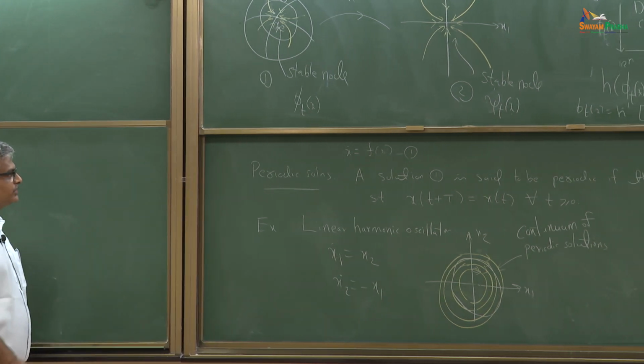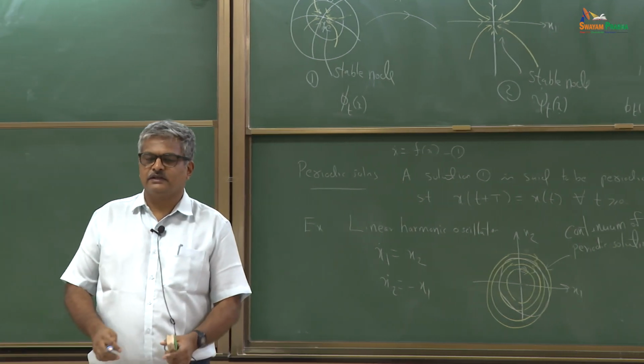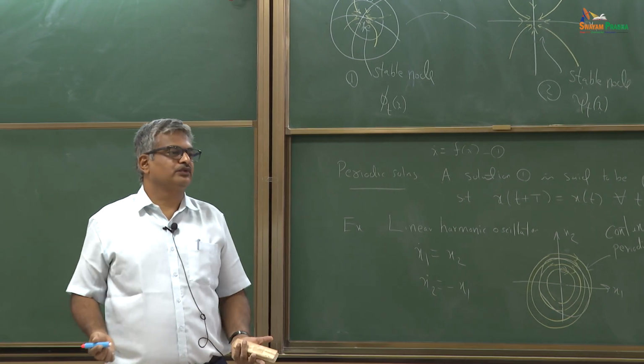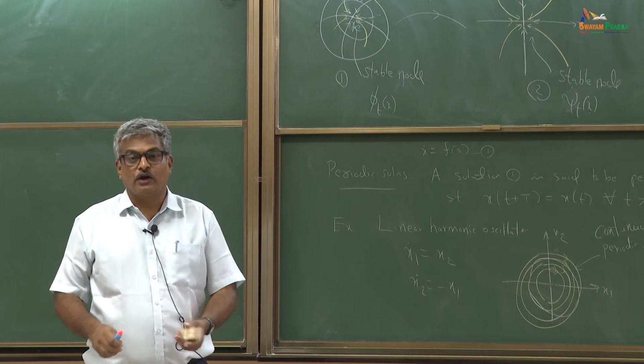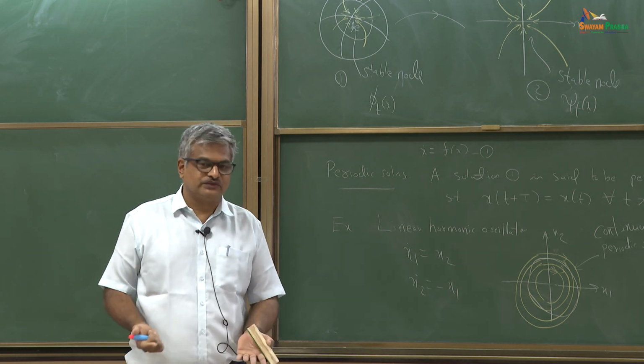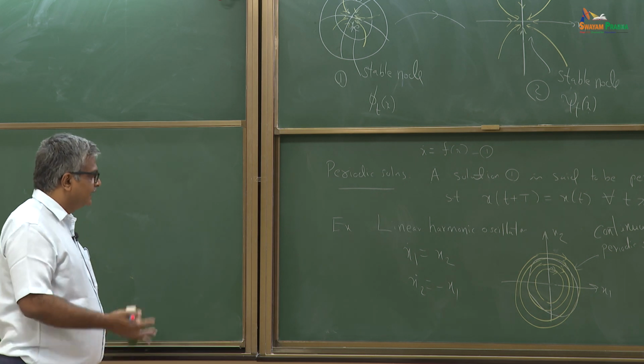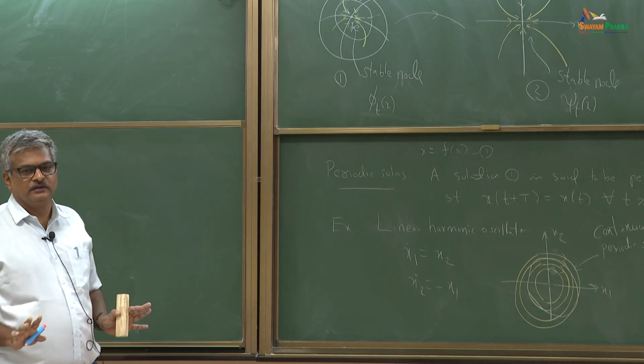Now, question is, how do I find whether a nonlinear system has a periodic solution, right? Or how do I know whether it doesn't have a periodic solution? What are the tools? Okay. So certainly linearization is not a tool. Why?